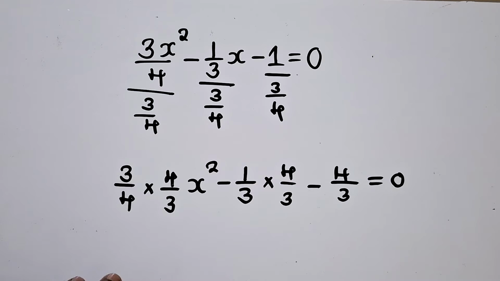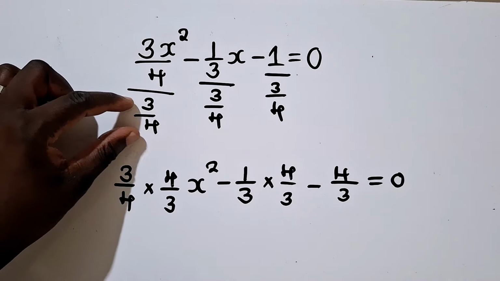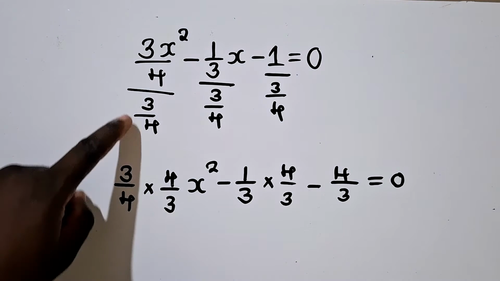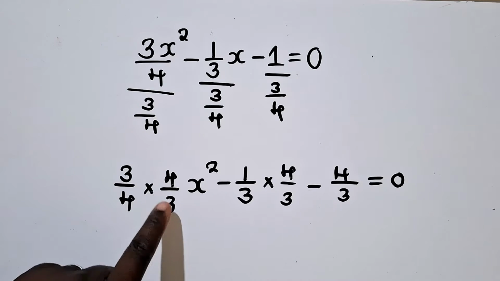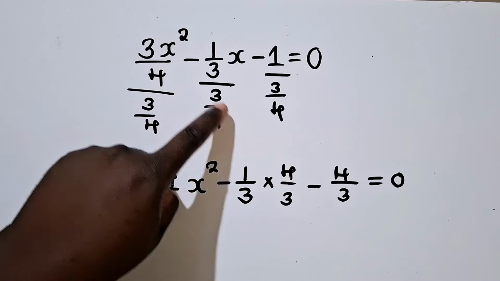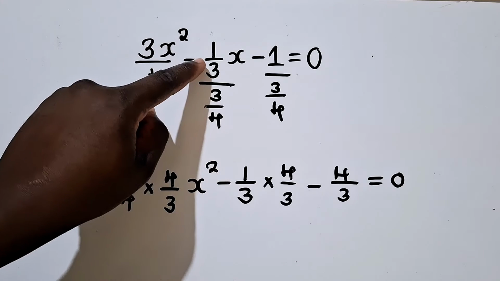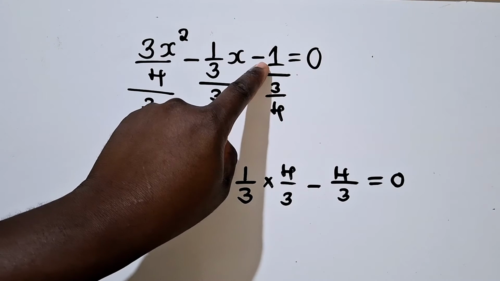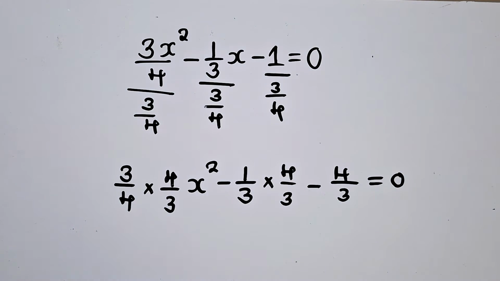So in case you don't know what is happening, when dividing a fraction, this will flip, okay? The rules of division: this will flip and be multiplied by this. The same here, and even here, it will flip and be multiplied by this. This is how it will look.